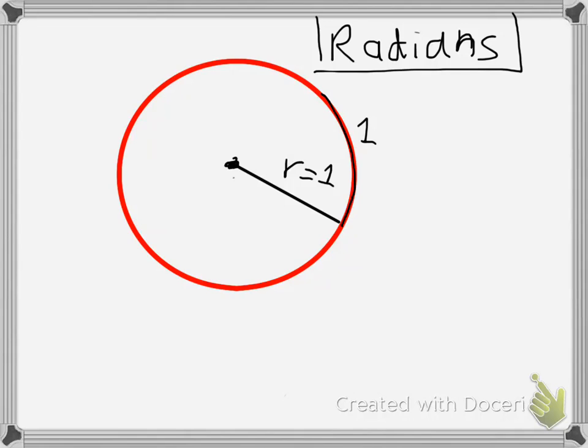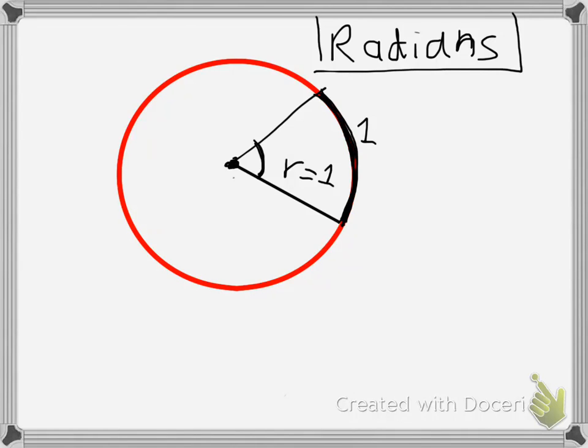So we have a length of 1 along the circumference, and this makes an angle right here. That angle has a measure of 1 radian. So that's all a radian is. You just put the radius of the circle on the circumference and you get 1 radian.